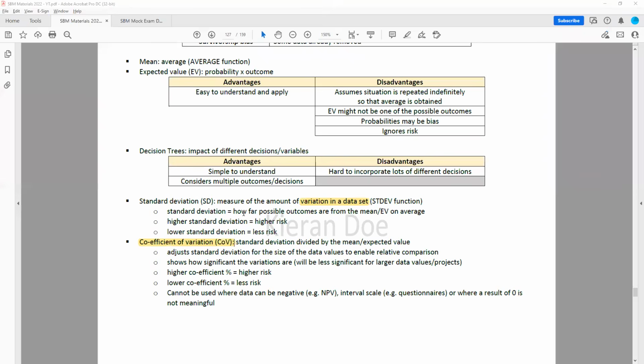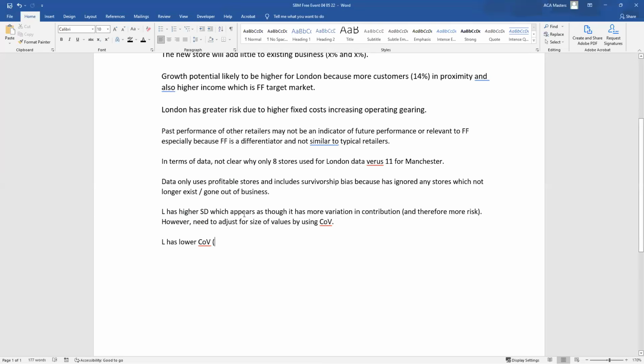And of course, we've got the amounts there, so you could put the percentages in, 13.7% compared with Manchester, and then we could put the percentage in for Manchester. And you can say this shows that London has lower risk as less variation in data set.